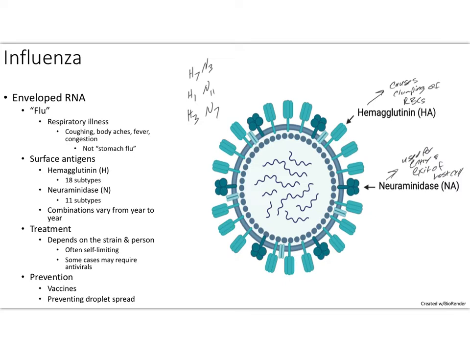And this variation of the surface antigens from year to year is why we have to get influenza vaccines on a regular basis. It's also why some years the vaccine works very well and some years it does not, at least historically speaking.